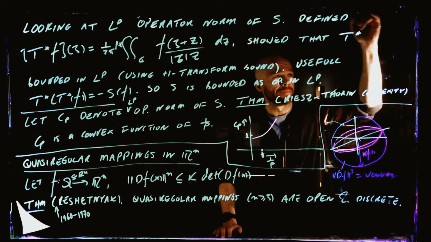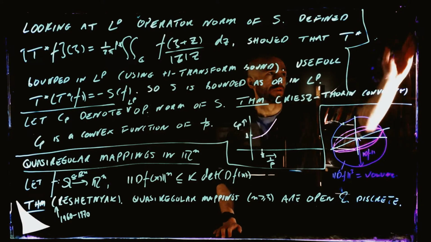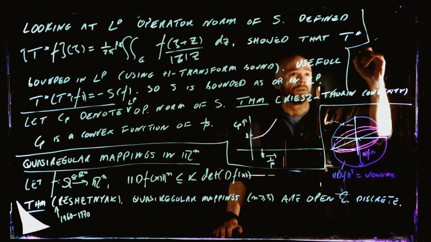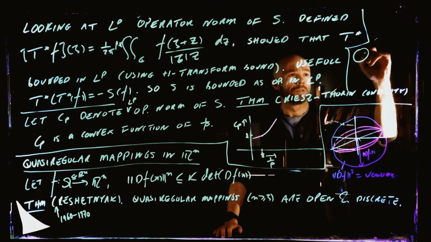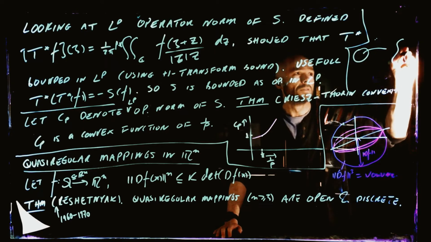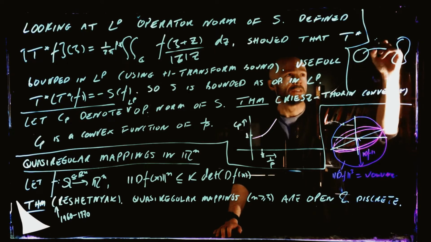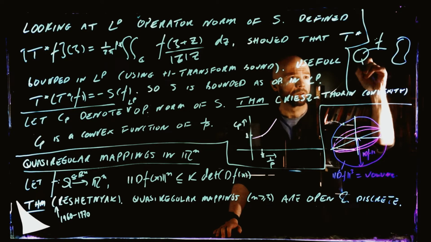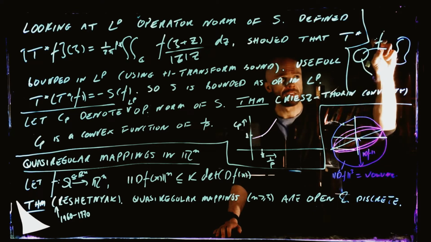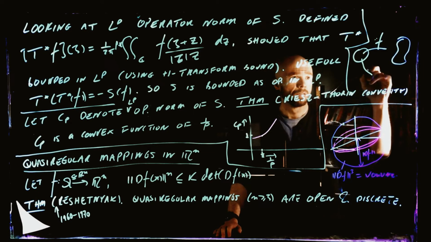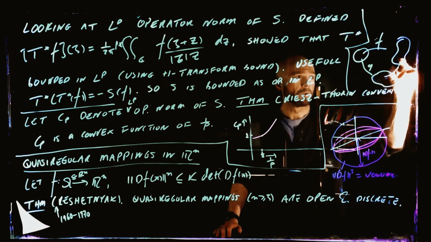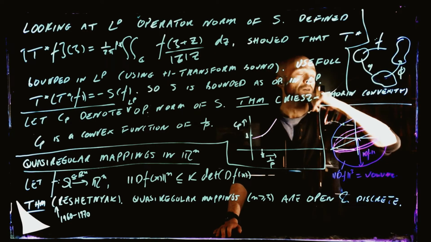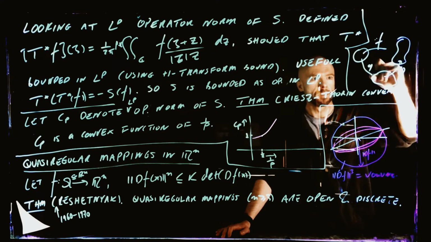just to recap that, in 2 dimensions, if we have a quasi-regular mapping F from some region omega to whatever, we construct some mapping G that has the same Beltrami coefficient as F, to map to some other domain, and then some holomorphic mapping phi from this onto this.